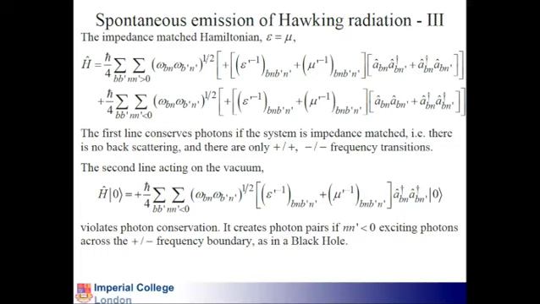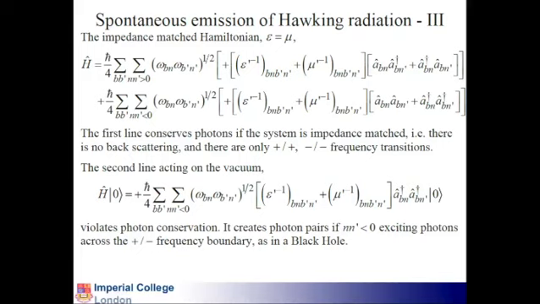And you can see this is the term which we normally see, which measures the number of photons in each state. And this term here conserves photons, of course. So for everyone you annihilate, you create one. For everyone you create, you annihilate one. And so that conserves photons.